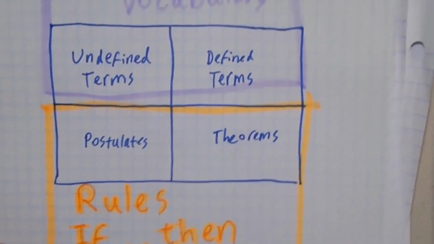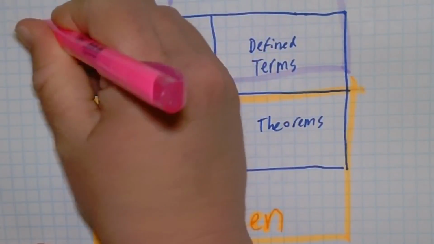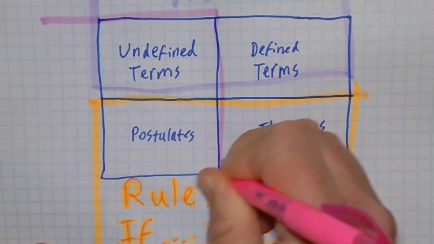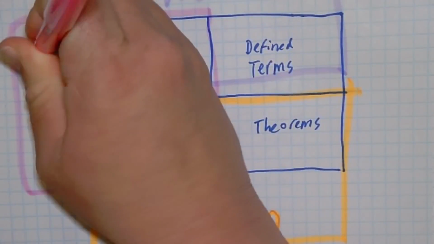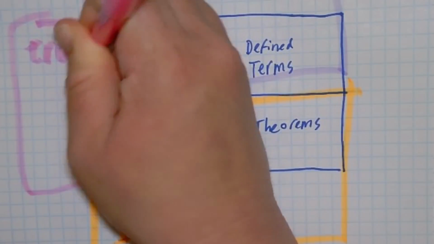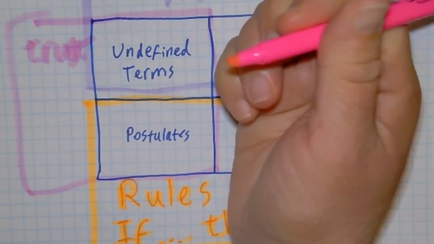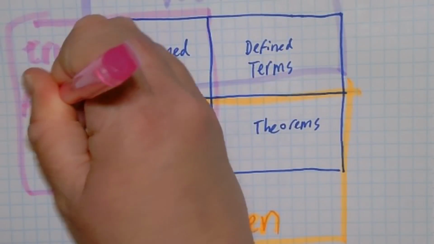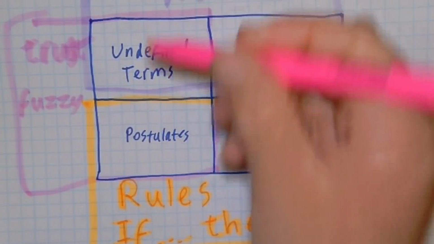And that brings me to the other kind of category. Over here are the trust me words. So this left half here is the ones that we just have to trust work. So another way to think of that is these are the fuzzy ones. We have to trust that these postulates work.